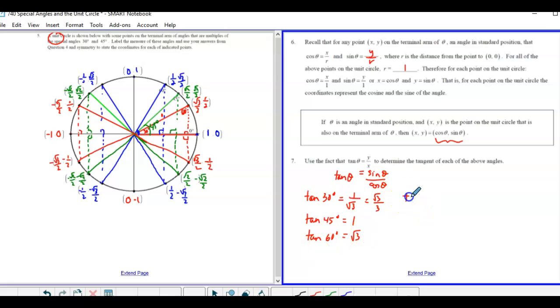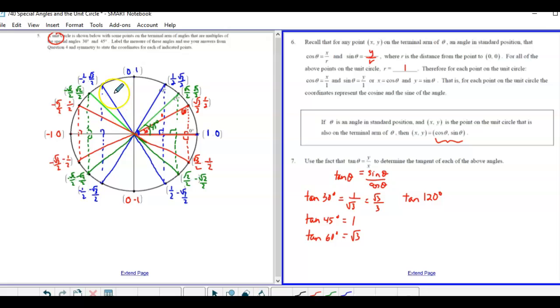Okay, then if we did tan of this next angle, this blue one, that was 60 degrees, so this would be 120. Oh yeah, we need to go through and state those angles too. So actually, let's do that right now. These were 30, 45, 60, then that's 90.